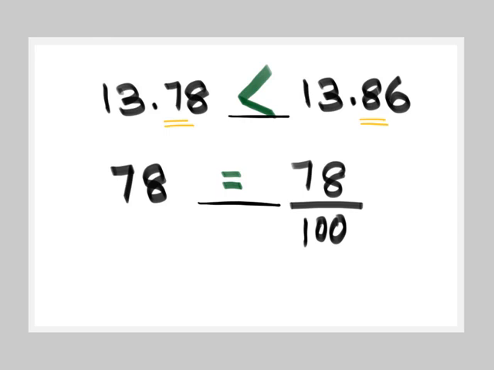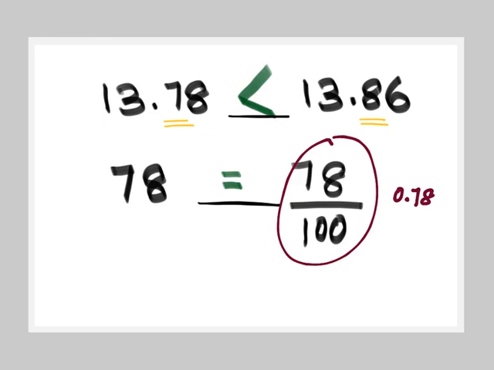Okay, so is 78 also equal to 78 by 100? No, 78 is not equal to 78 divided by 100. Why? Because when you divide 78 by 100, it is 0.78, which is a lesser value, right?